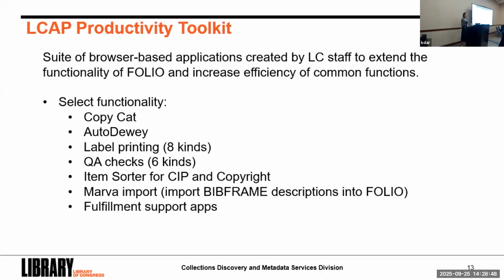We have a lot of specialized needs. We're a huge organization with a lot of different things, and so this allows us to respond to those. And I'll talk a little bit about that whenever I'm going through some things too, as well as some fulfillment support apps. So because metadata management is my thing, this is going to be very heavily geared towards cataloging.